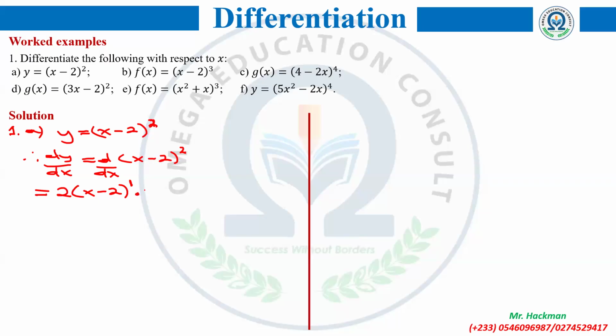Times d dx of the function in the bracket, so times d dx of x minus 2. So I get 2 into x minus 2, the power will be 1, I won't write it this time, then times d dx of x minus 2, which gives me 1.